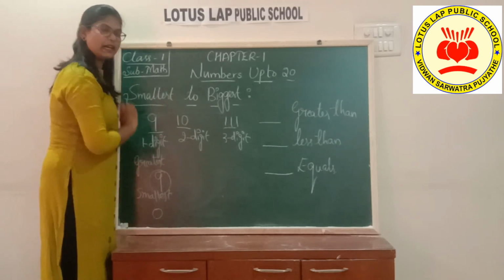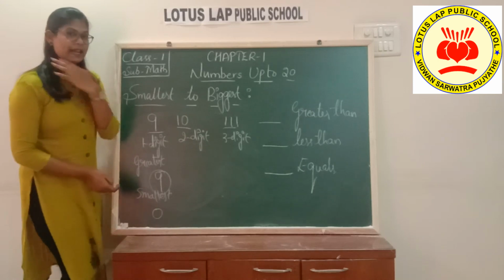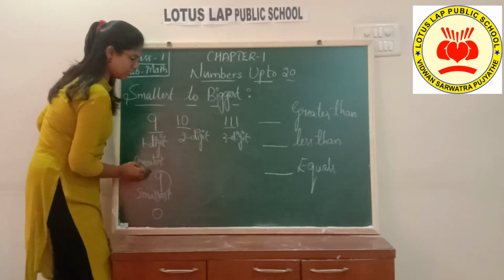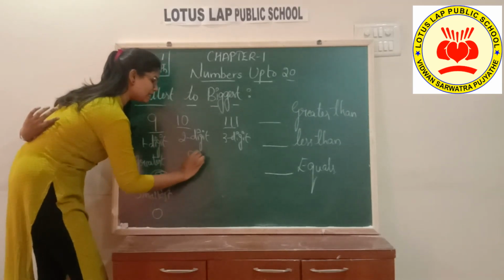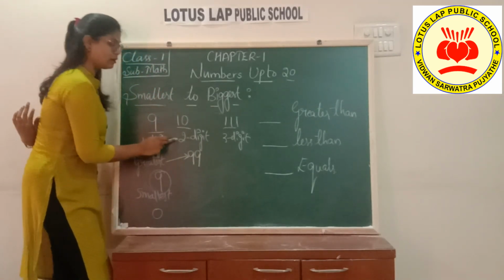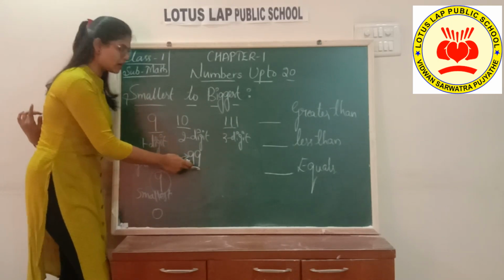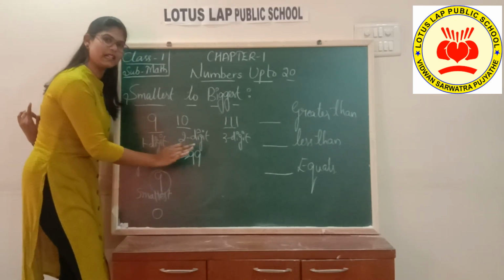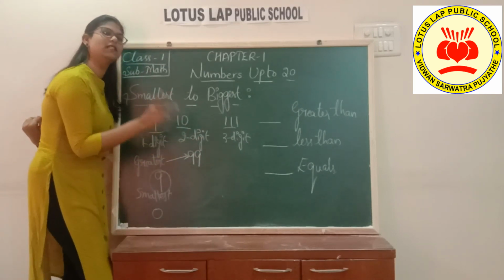Now which one is the greatest 2 digit? Here 9 is the greatest possible one digit. In the same way, 99 is the greatest 2 digit number, because 99 itself ends with 2 digits. Okay?